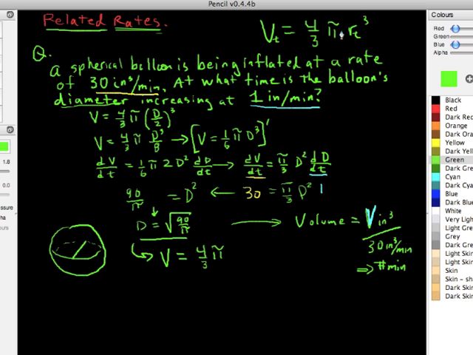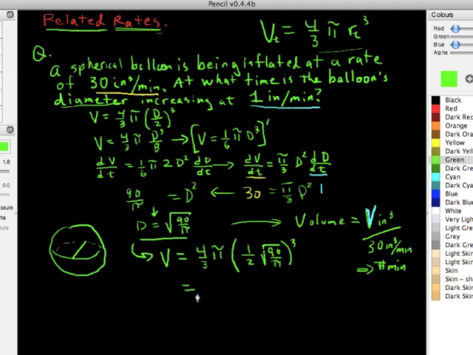So we're going back to our original function up here. 4/3 pi r cubed. Well, this is our diameter, so our r is 1/2 the square root of 90 over pi, cubed.